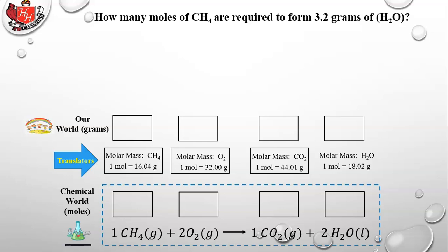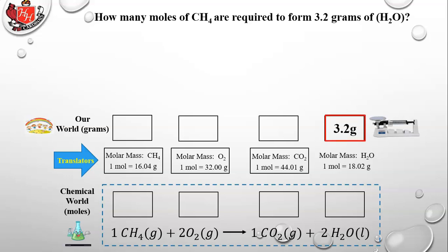Okay, here we go. So now we have to deal in our world. That's the world of grams. That's things that we can measure. So how do we know we have 3.2 grams of H2O? Well, we can measure it on a scale. That's something that is in our world that we're able to work with, is grams of a substance. Okay, so the 3.2 grams is going to go right there.